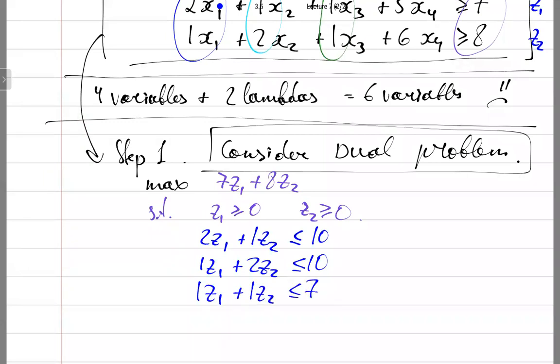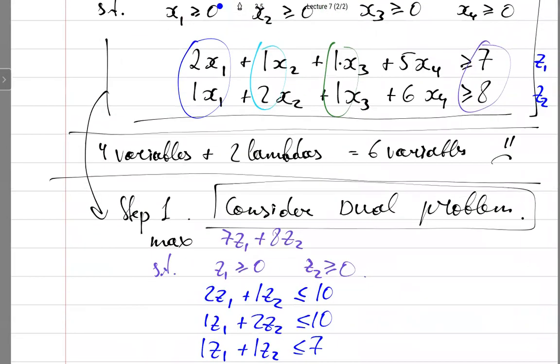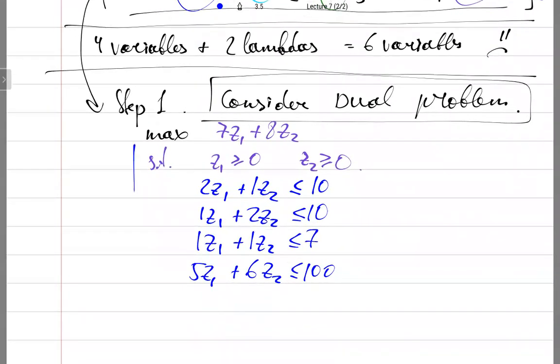And finally, I read the last column: 5z1 plus 6z2 is less than 100, as far as I remember. And this is the dual problem. And I can easily solve it. Why? Because I have two variables. I can draw with two variables. The miracle.